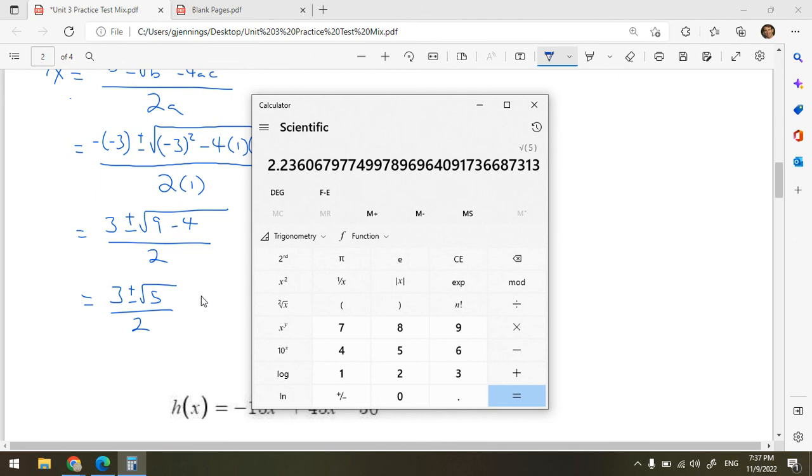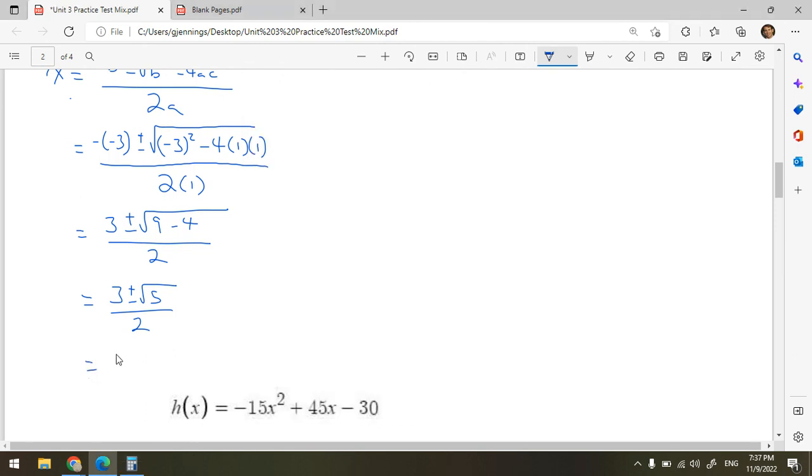On the test, I'm going to tell you how many decimal places to give me. One decimal place will be plenty. Thank you. So this is equal to 3 plus or minus 2.2 over 2. Okay? And so that would give us x equals 5.2 over 2.